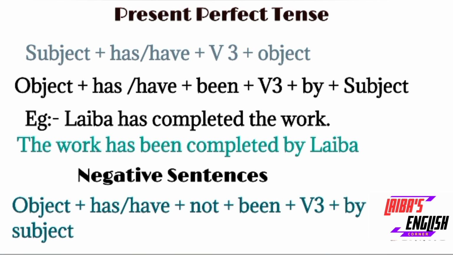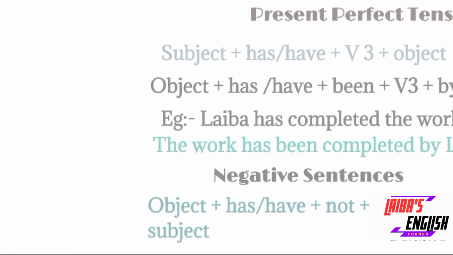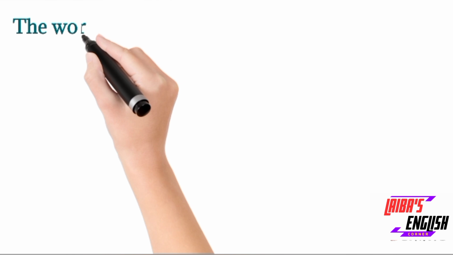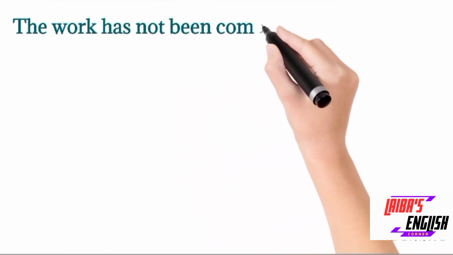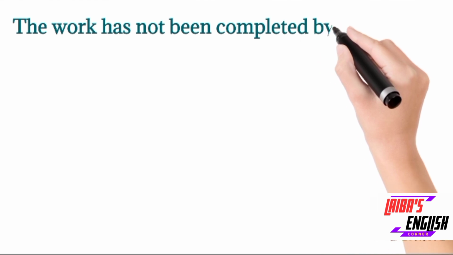So now we will change the same sentence, Laiba has completed the work, into the negative. So the work has not been completed by Laiba is the correct answer. Now you are seeing that these sentences are very much simple. This is very much easy to change a sentence from active to passive voice.